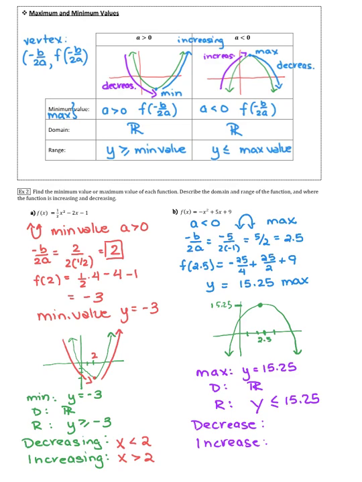Again, remember, those are based on your x coordinate. So I'm increasing up to my x coordinate at 2.5, and then I am decreasing afterwards. So since I put decreasing first, it's going to be x is greater than 2.5, I'm going down, and x is less than 2.5, I'm increasing.